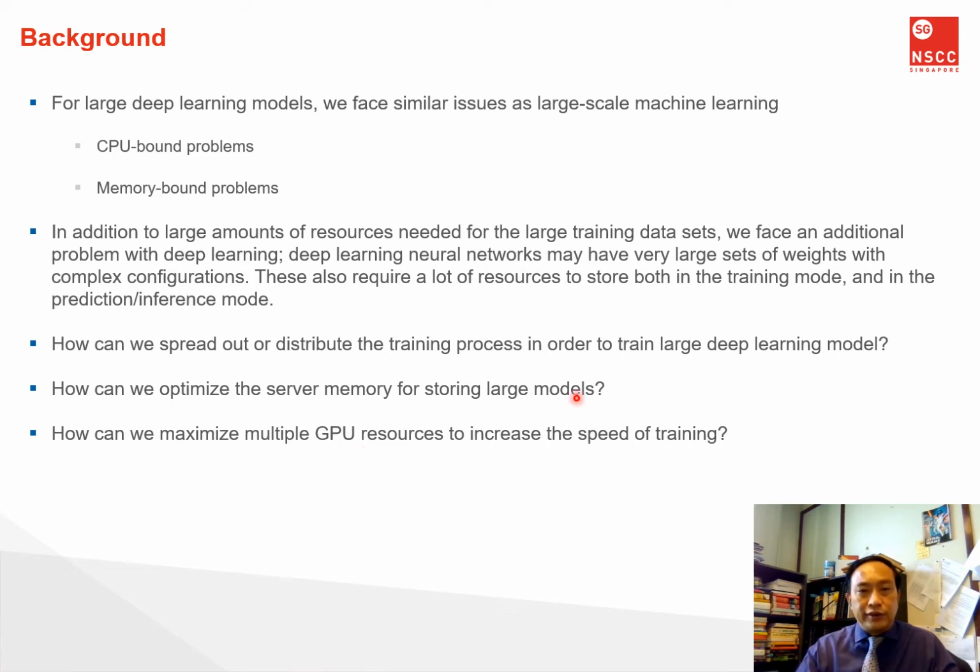And of course, when we say we want to spread out the training data, we also want to optimize the storage of the model itself. Are we able to not only do the training over multiple nodes, but also spread the model itself over multiple nodes so that each node will only store one portion of the model rather than the entire model? So this is the background.